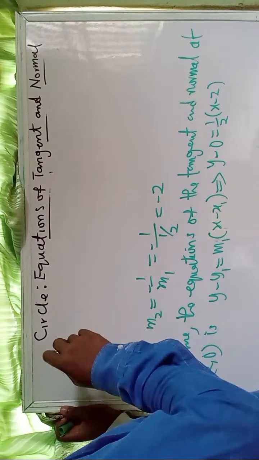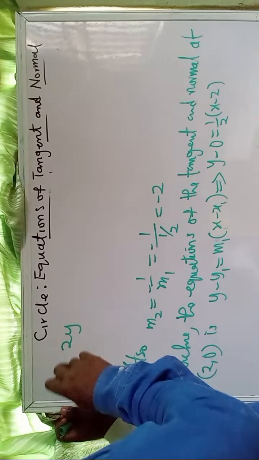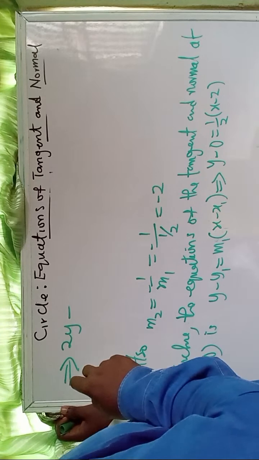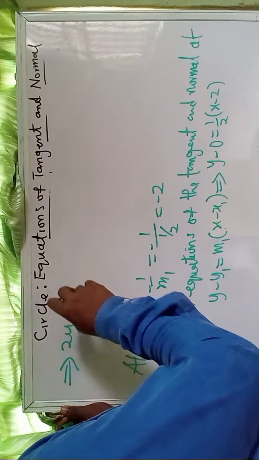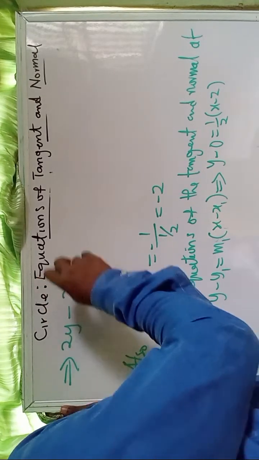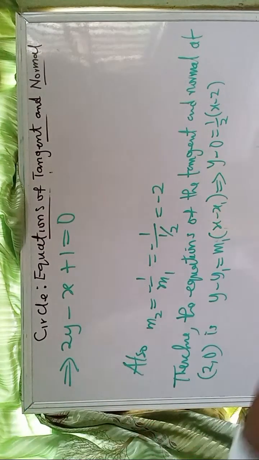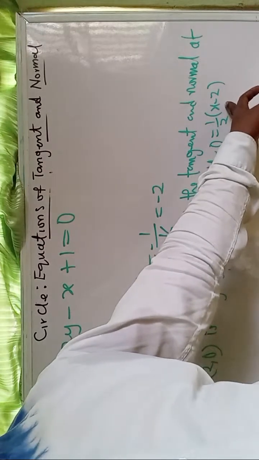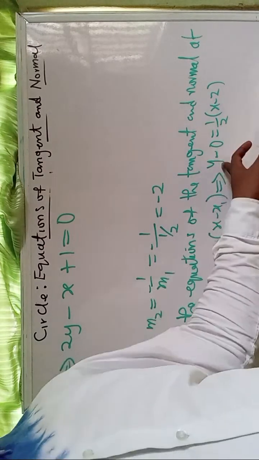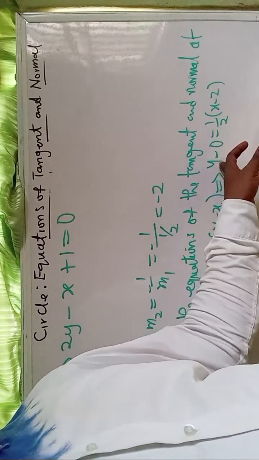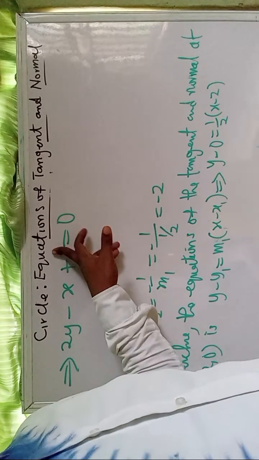this will be equal to 2y minus x plus 1 equals 0. Because when we open the bracket here, or you take these two to the side, this will be plus 2.